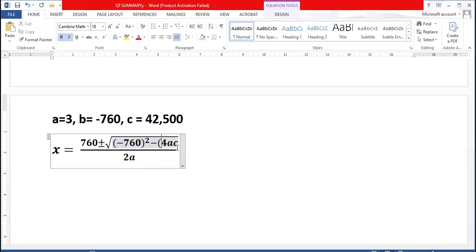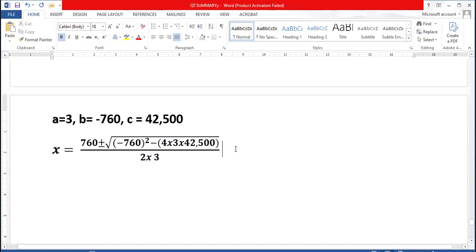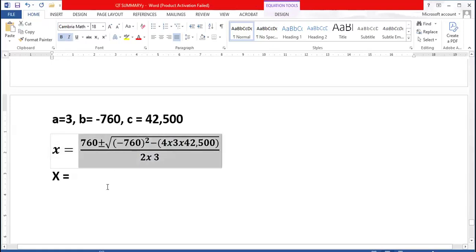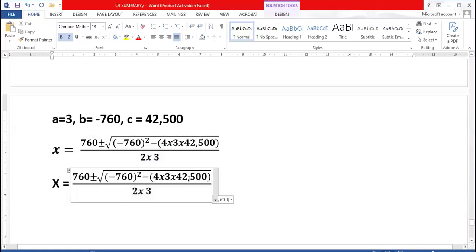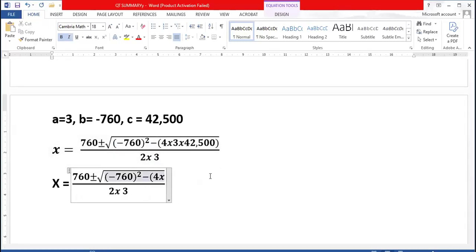Then I open a bracket here. This is 4 times A, A is 3, times C, which is 42,500. Then over 2 times 3. What are you going to get? Your x will be what? First deal with the square root. First get the square root of everything.